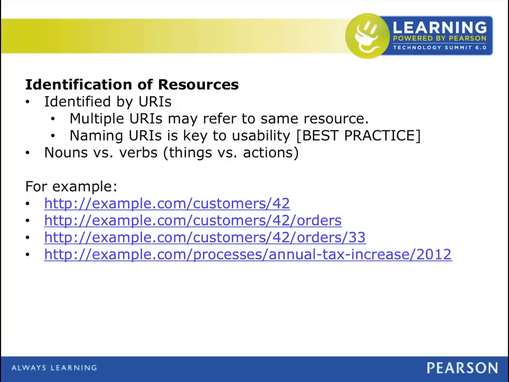Even with this, people get confused because a lot of times I'm requesting something to happen on a server, but you can still make it a noun. So like this, processes, well, can be a verb. So processes, annual tax increase for 2012. The way it's phrased is still a noun.